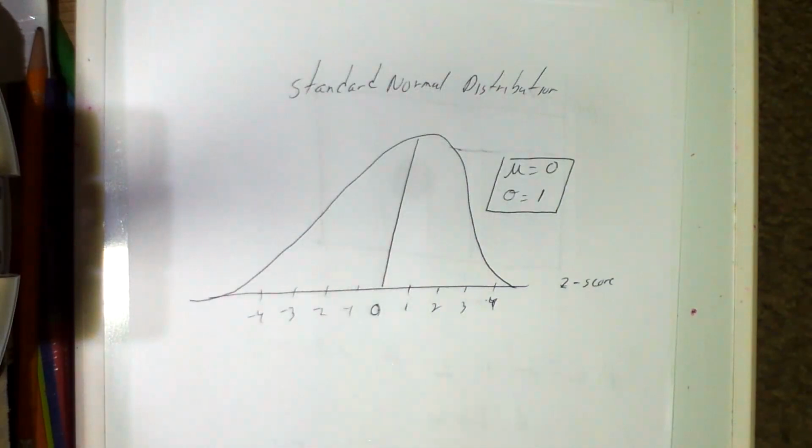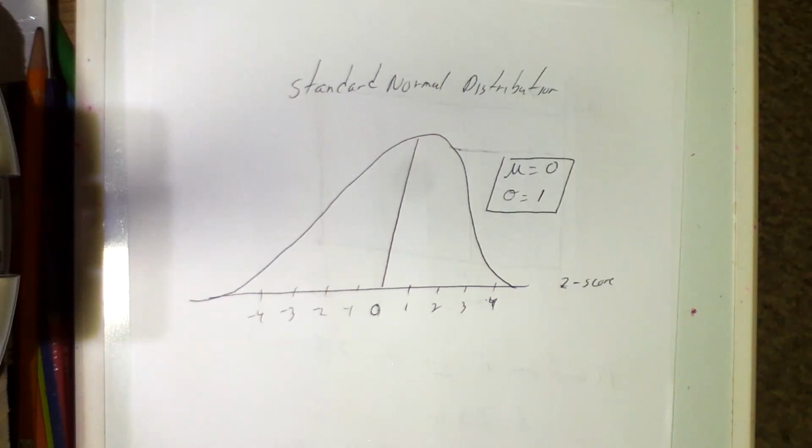Now, in the uniform, we could do it by hand. For the standard normal, we're going to have to use StatDisk to figure out the areas for us. It'll compute it for us. You can also use a table in the back of the book, table A2. If you want to learn how to do it the long way, I suggest that you read the textbook.